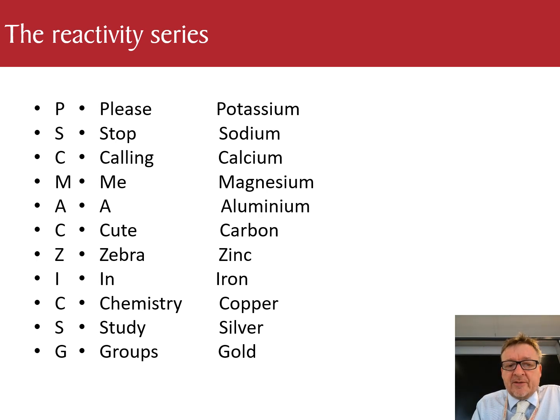There are loads of other elements that can be on it, but this just helps you remember the order. They're all metals except for carbon, and you have to have a pretty good idea about what's below carbon and what's above carbon, and I'll talk about that in a minute.